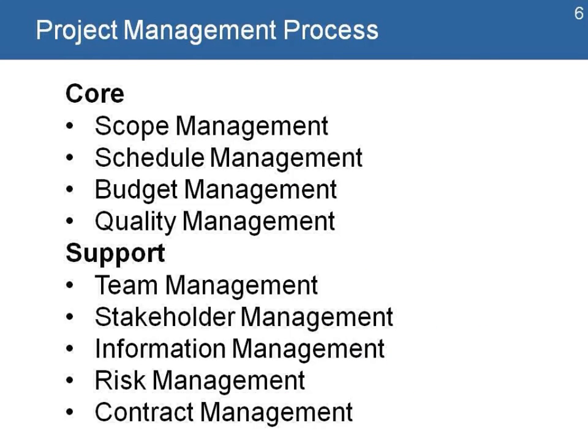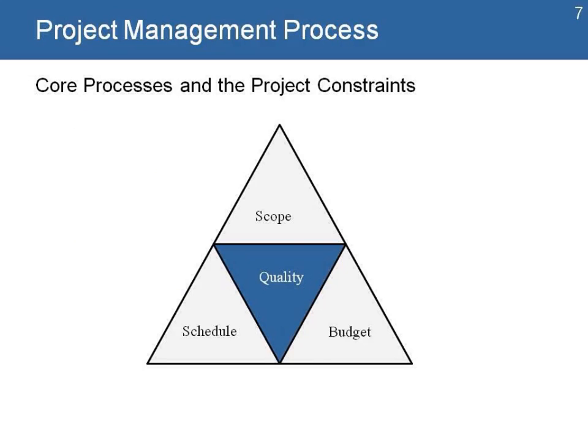In more detail, the core processes are scope, schedule, budget, and quality. And the support processes are team, stakeholder, information, risk, and contract management. We're going to have a lot of emphasis on the core processes because they are related with the project constraints on the project.